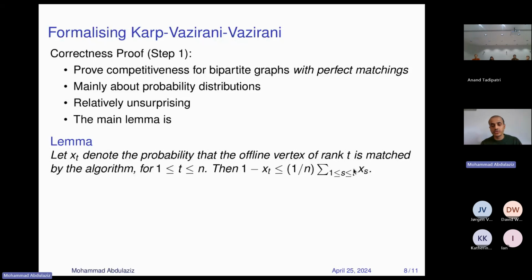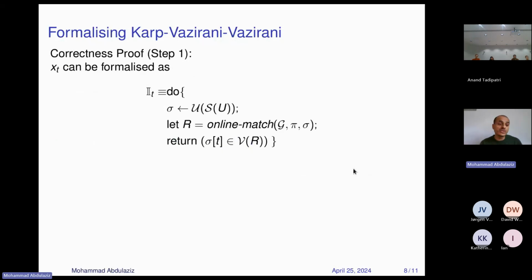So how do you go about doing that in Isabelle? The first thing is that you model XT, and you do that again using a Giry monad as a randomized experiment. XT is the probability that the vertex at position T was matched. What does it mean?